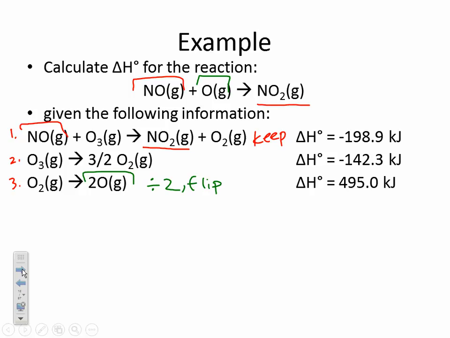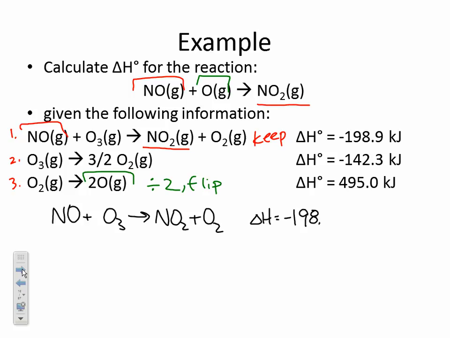So I'm going to rewrite the two reactions that I know what I'm doing with right now. So I know I'm going to have NO plus O3 yields NO2 plus O2, so I'm not changing that first reaction at all. So the delta H is minus 198.9 kilojoules. And then I'm going to do my manipulations to the third reaction. So I'm going to flip it and divide everything by 2.